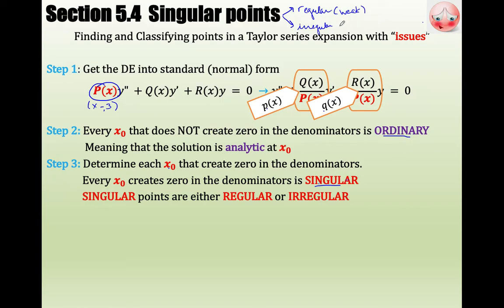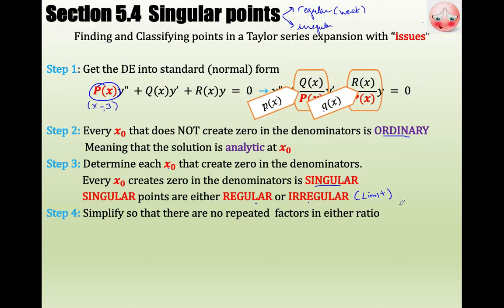Irregular is the ones we can't do anything about. So after I determine what x's create singularity or are singular points, then I have to worry about whether those points are regular or irregular, and this is going to involve my limit work, although I'm going to show you a shortcut to that.